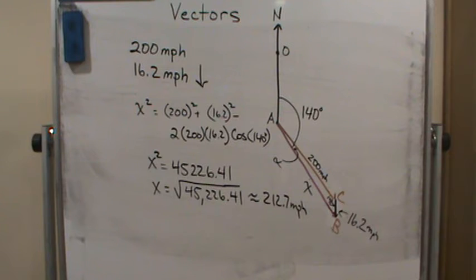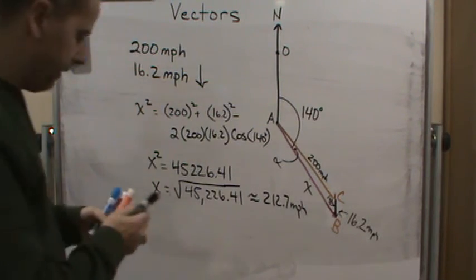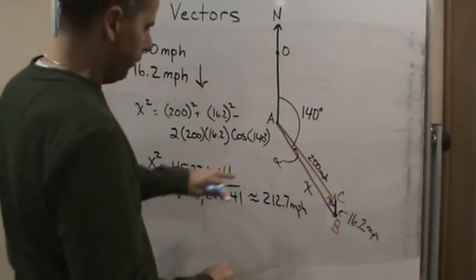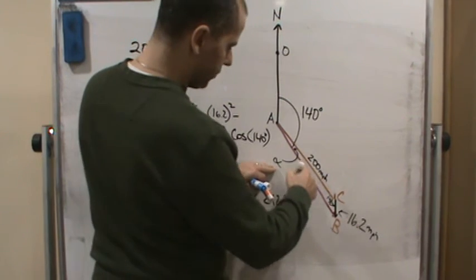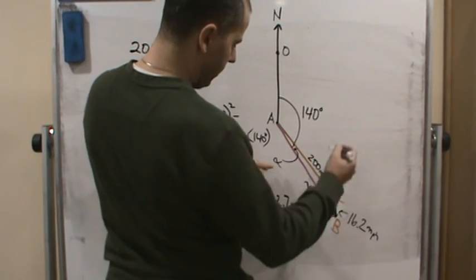Now we're going to use the law of sines to find the angle alpha. So here's alpha, right? So now we're going to use the law of sines here.